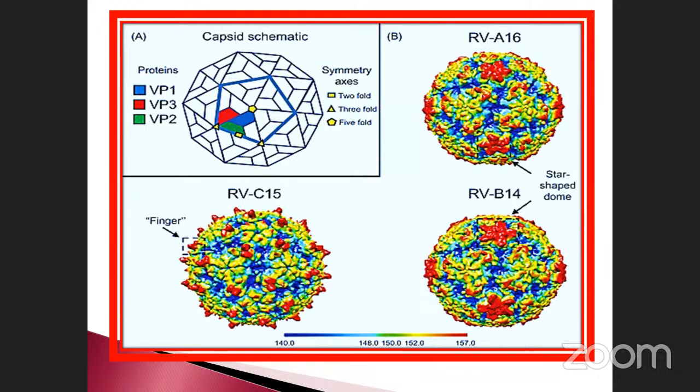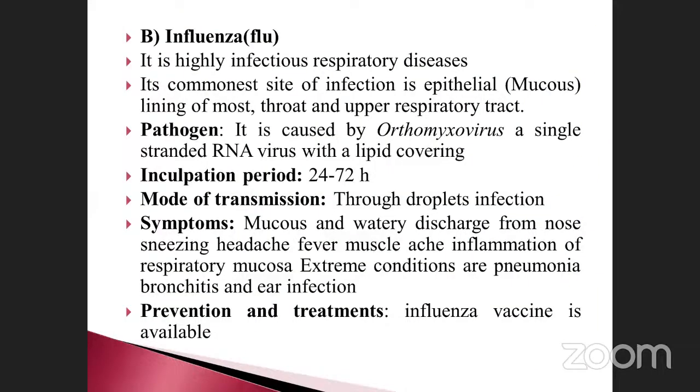In addition, the protein molecule is the outermost covering, the capsid or capsomere. Okay, these are the things. RVC15, RVA, rhinovirus 16, RVB14, like that, A and B and C, they are mentioned here. So these are the different types.